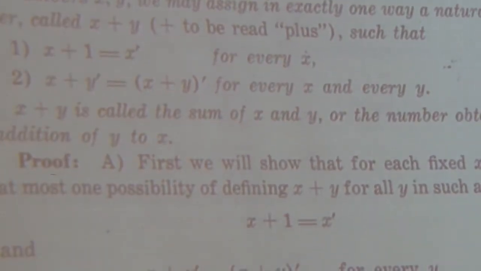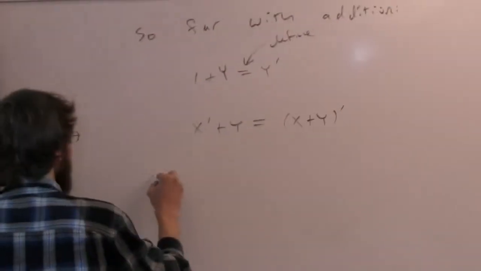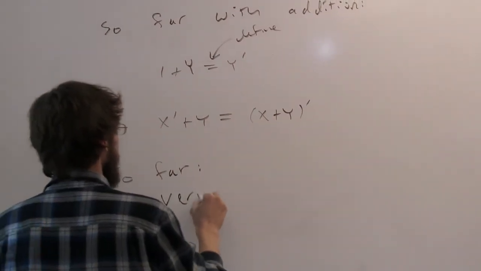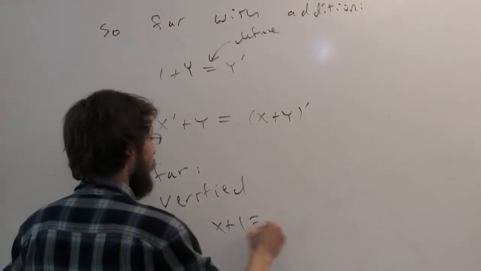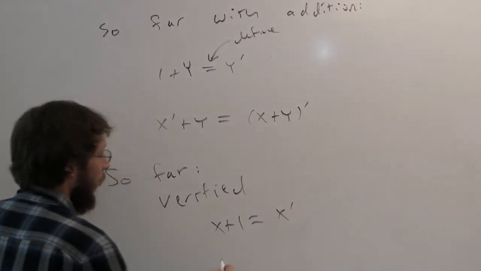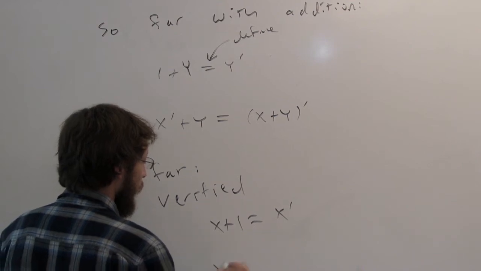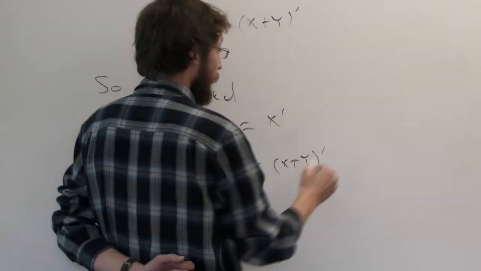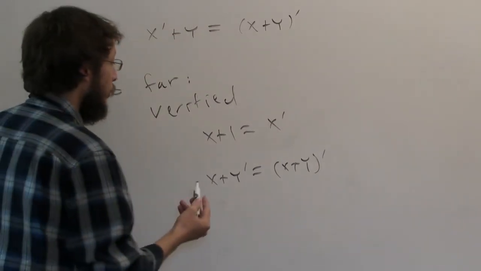Okay? And what we've done so far is we've verified those two properties, that x plus 1 has to be x successor, and x plus y successor has to equal x plus y successor. We've verified these two properties in the case that x is equal to 1.